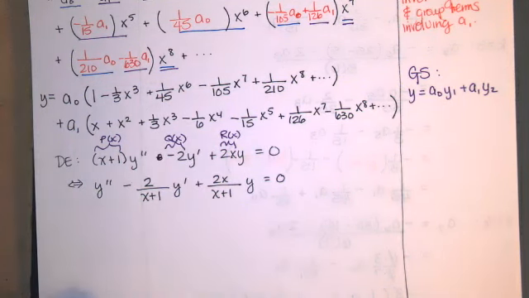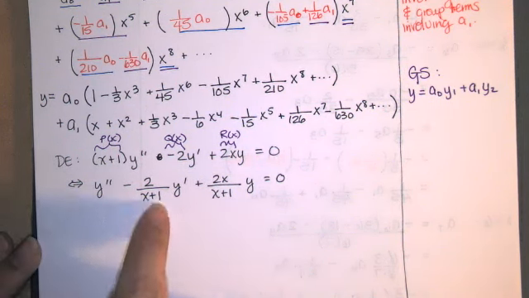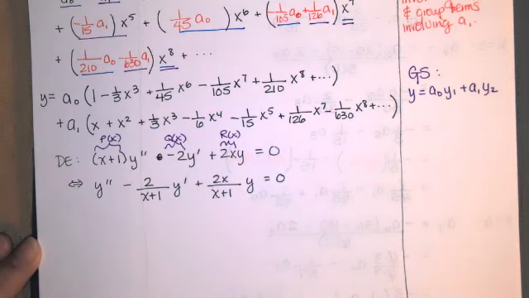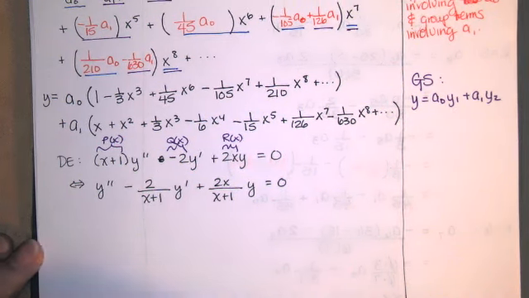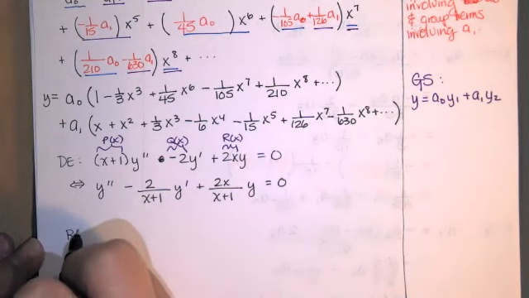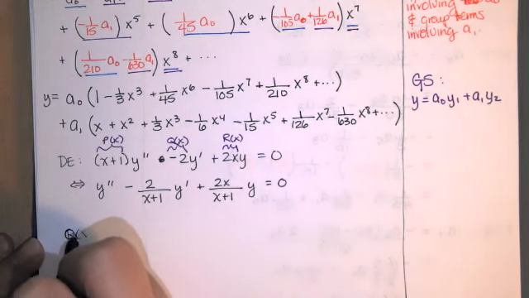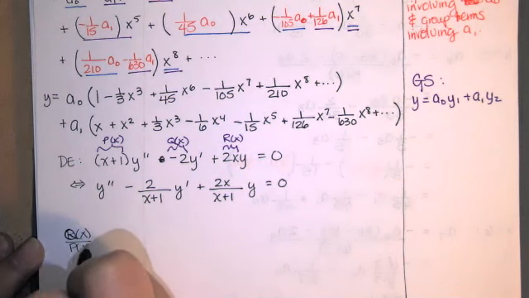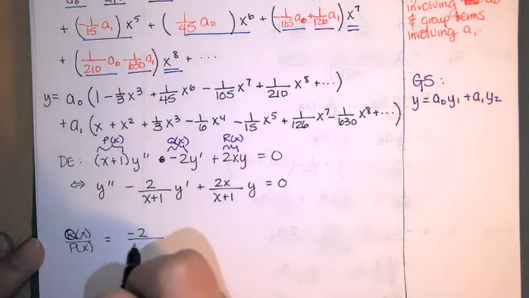Well, it's actually really simple. If you've got a polynomial divided by a polynomial, this polynomial over a polynomial will converge on an interval starting at x naught and then going to that nearest singular point of the differential equation. Or in other words, we're going to have a problem with this function when x is equal to -1. So this function, which we can call q of x over p of x, equals -2 over x plus 1.